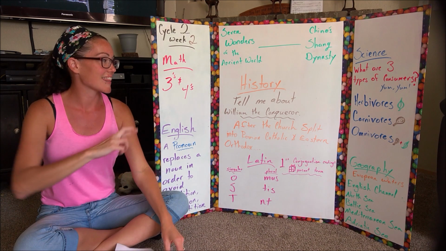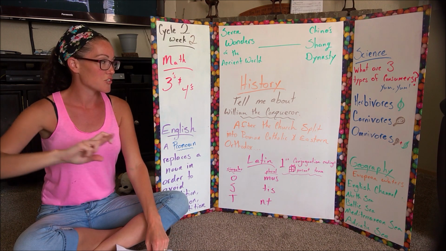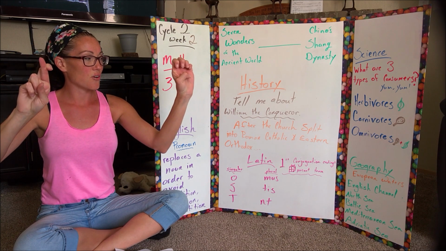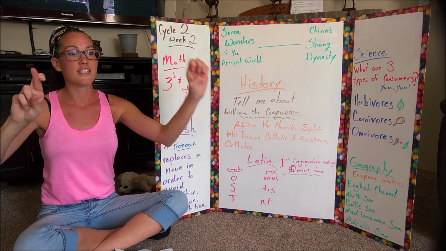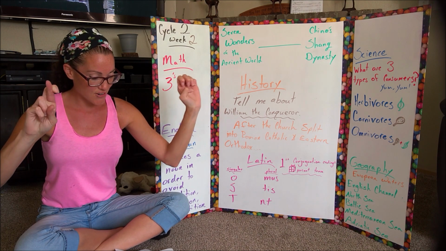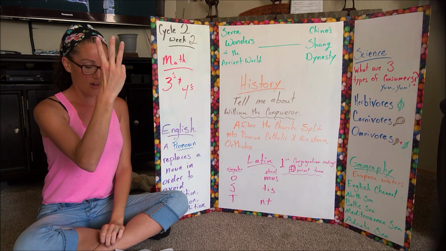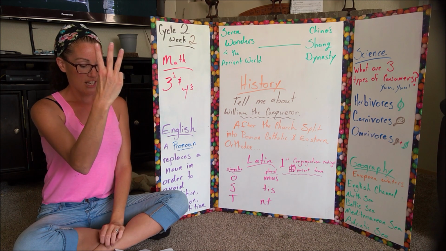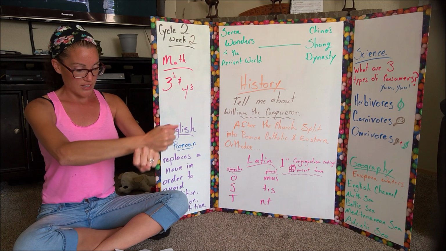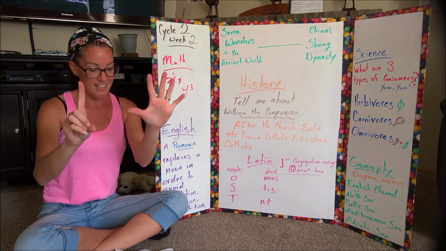into Roman Catholic, so we're going to do an ASL R for Roman, into Roman Catholic and Eastern Orthodox. So then we have an ASL E for Eastern. Eastern Orthodox. William the Conqueror defeated King Harold of England in 1066.